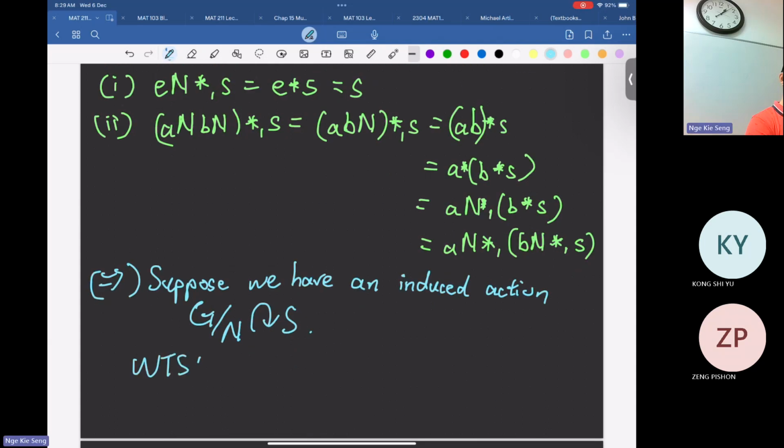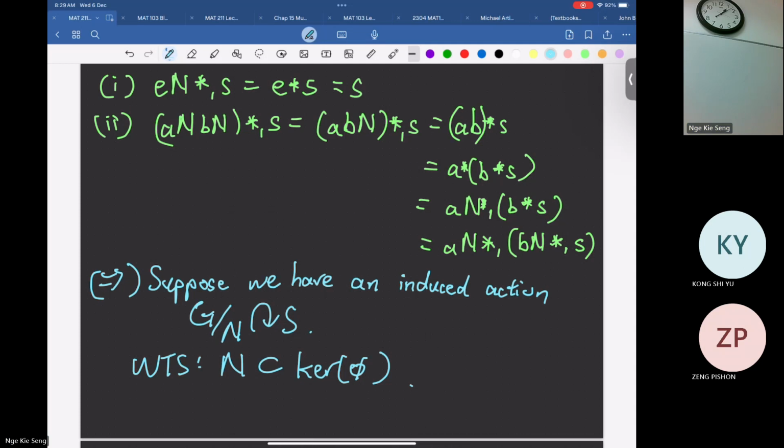Show that the normal subgroup is a subset of the kernel of phi. So for subset inclusion, how to show it? Take an element from the left hand side and show that it is an element in the right hand side. Now you need to show that something is in the kernel of phi.